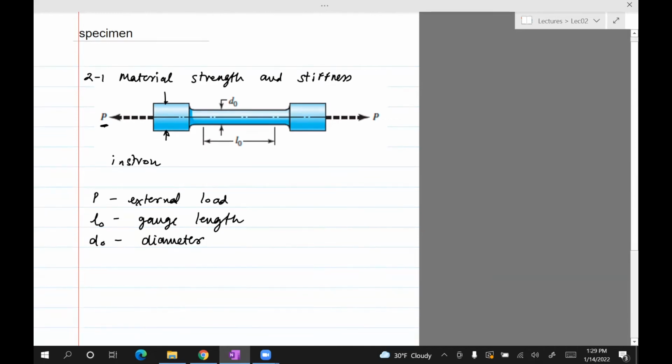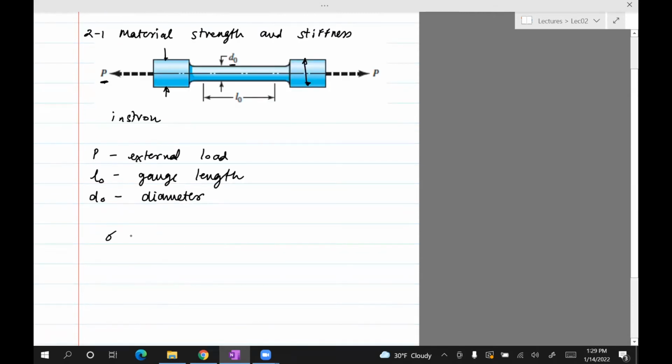And the reason why this diameter is smaller than the diameter of this part is because we know that stress is force divided by area. And in this case, the area is the cross-section area, so pi d square divided by 4. Or you can simplify this as 4P divided by pi d square.